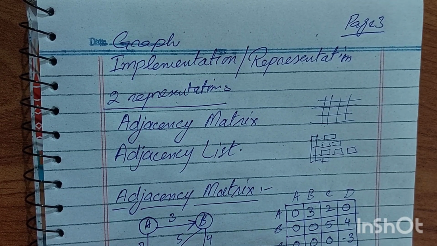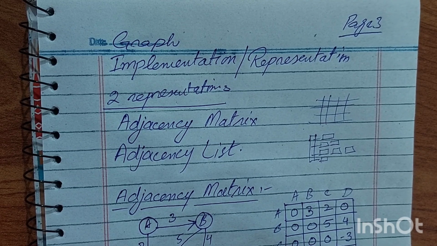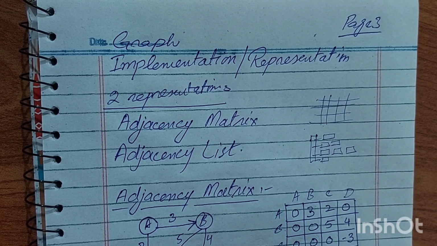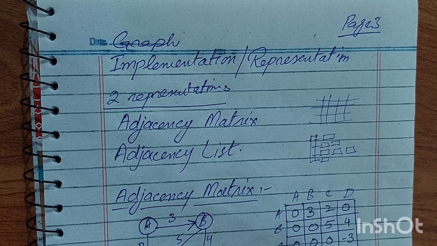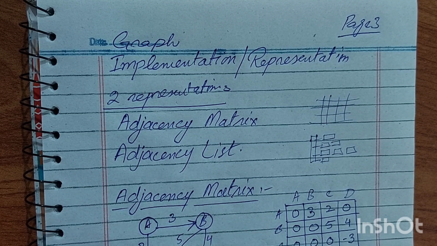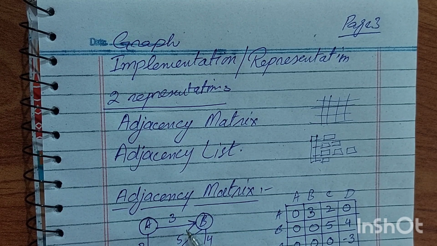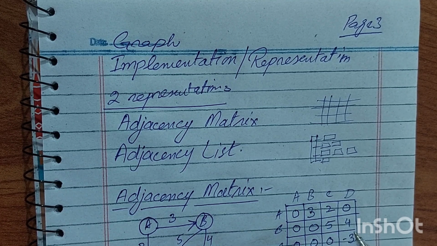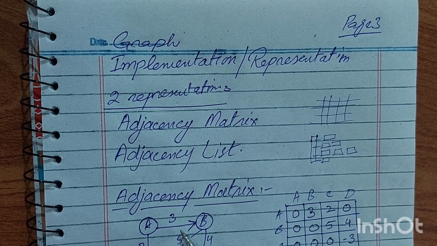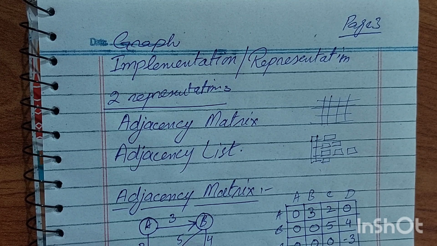And from d there is no edge moving to any other vertex. So this is how it is done. If this graph were unweighted, we would be storing 1 in place of these costs, because there would be no cost represented on these edges.